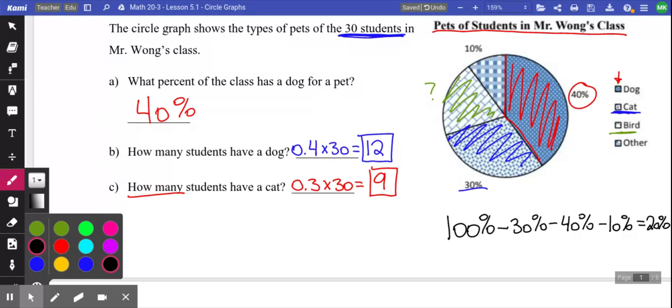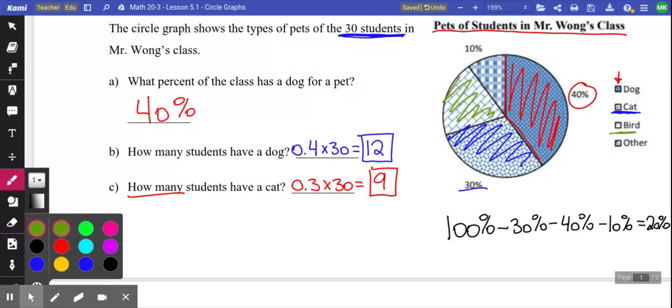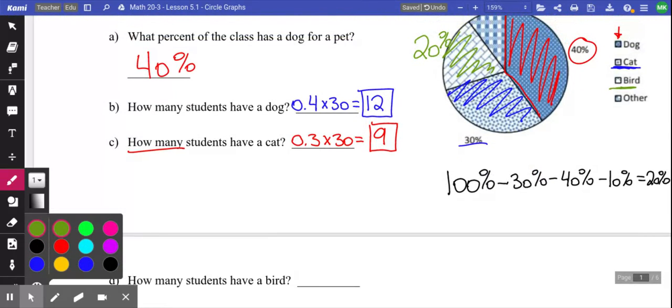So the missing percentage for birds is 20%. The question now says how many students have birds? Well, we take the 0.2 for 20%, multiply that by 30, and you should get 6 students have birds, or 20%.